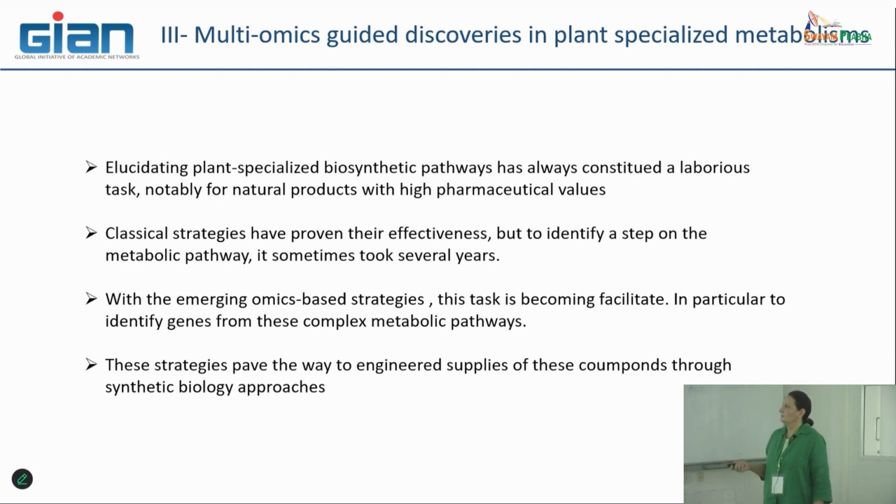And what is interesting is that as we have now considerably increased the number of genes known to be part of one or another metabolic pathway, we now have enough material to engineer supplies in the cells, in the plant cells, but also in other types of systems, what are named cell factories.